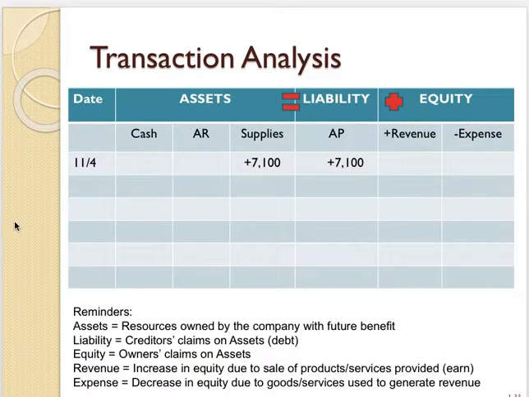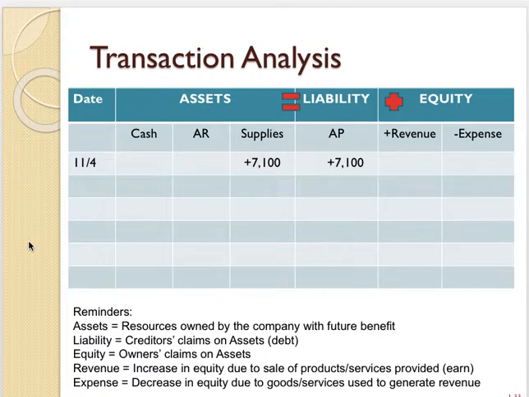So as you see here, this is the spreadsheet that we looked at. I only included the accounts that we're going to be using for this particular demonstration, just to save space on my slide. But it's set up the exact same. Date on one side, assets equals liabilities plus equity, which is the accounting equation.